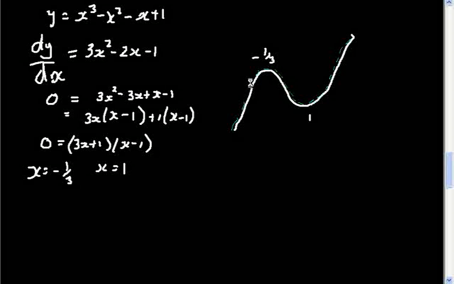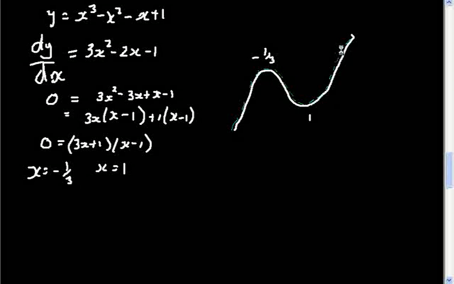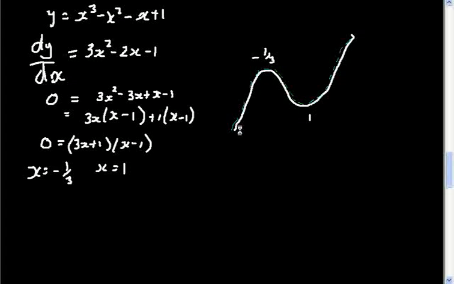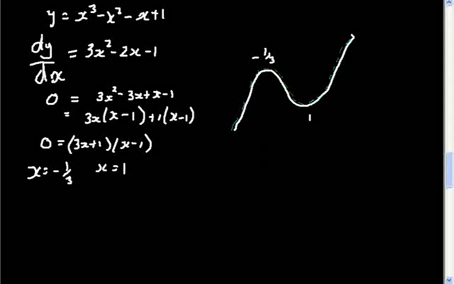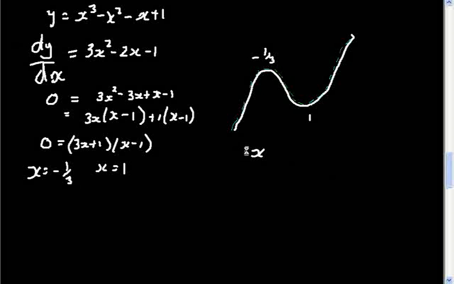Now for this graph, for which values of x is this function increasing? Notice all the slopes, the gradients, that would give you a positive value. If you drew a straight line, it would give you a positive gradient. These slopes here would be positive, the light blue ones. So what values are those?